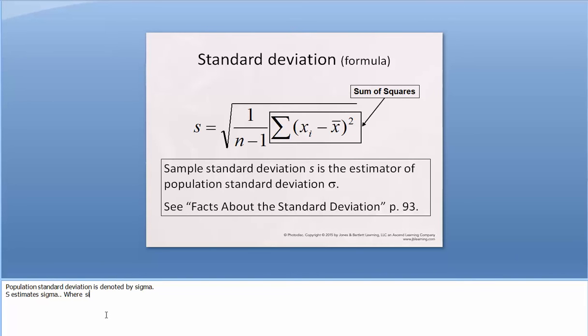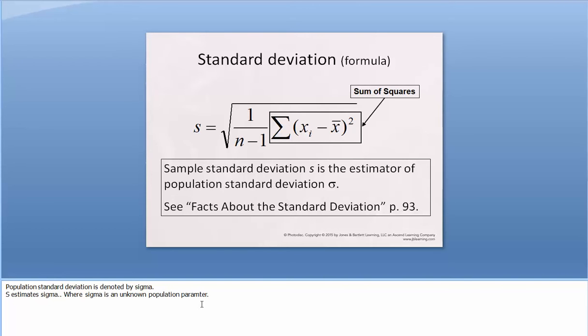Sigma is an unknown population parameter. This is another example of a population parameter, just like the population mean is.